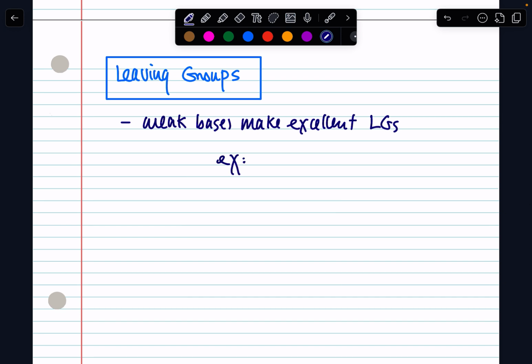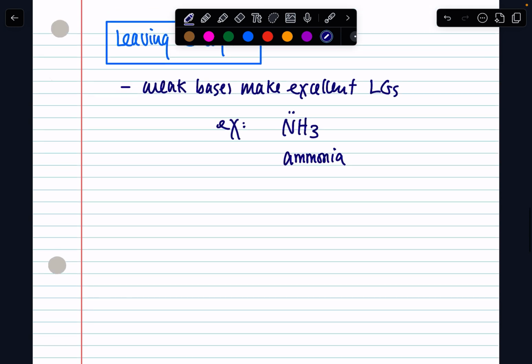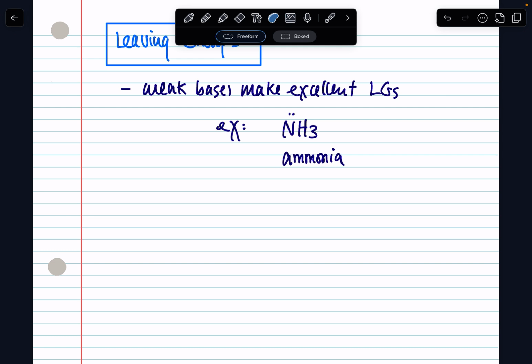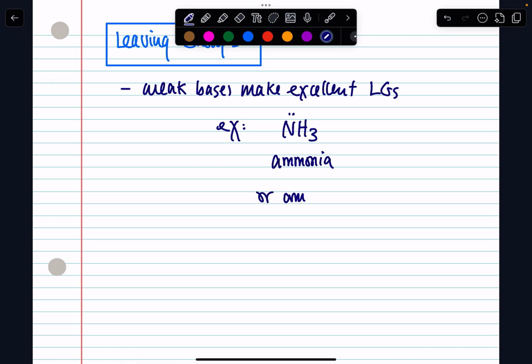So what are some examples of a weak base? Ammonia. You guys know this from grade 11. Ammonia is a very good prototype of a weak base, or any sort of amine base, or any NH2 type base.